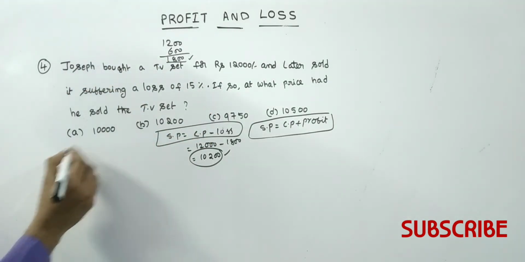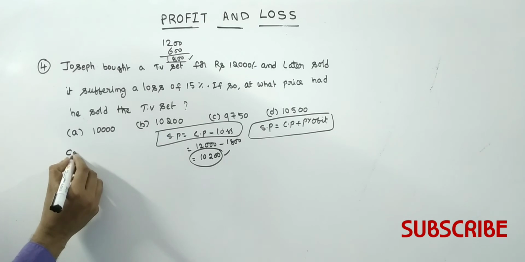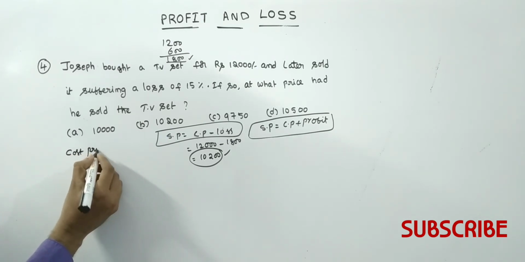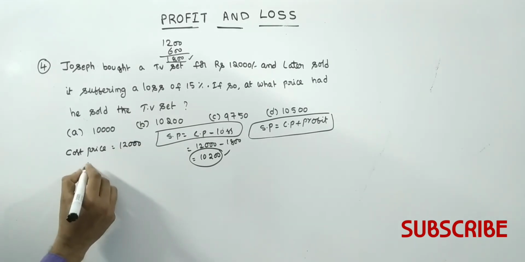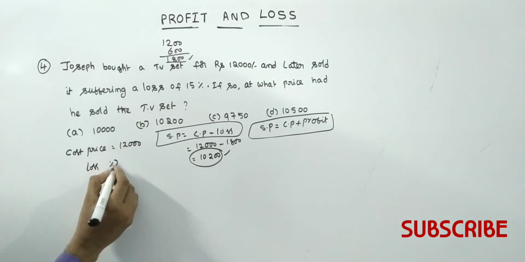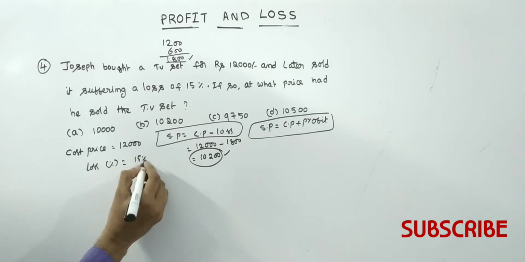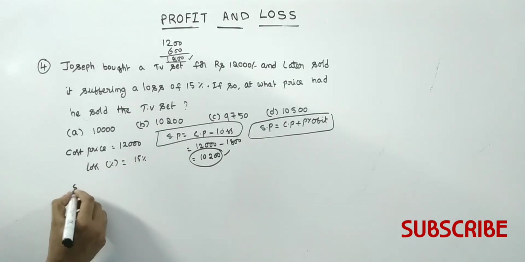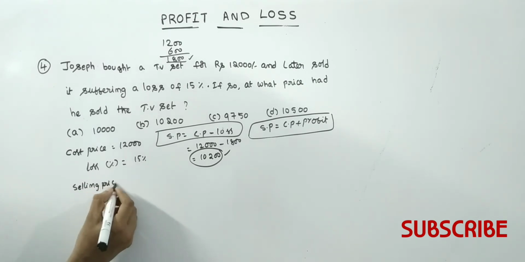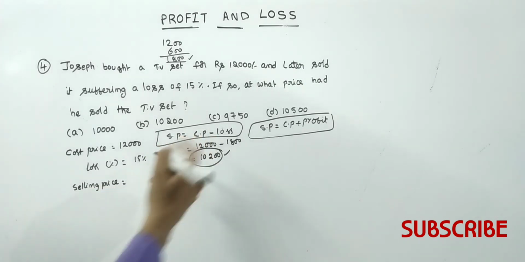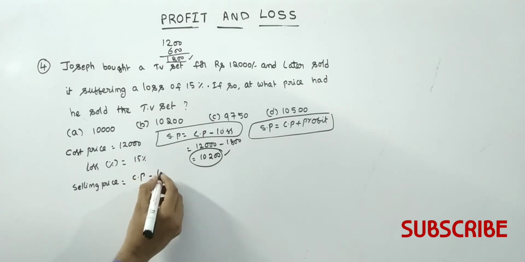See friends, cost price he has given. How much? 12,000. Loss percentage he has given, that means 15 percentage. Then what is he asking? Selling price he is asking. Then what I told you, selling price is cost price minus loss.